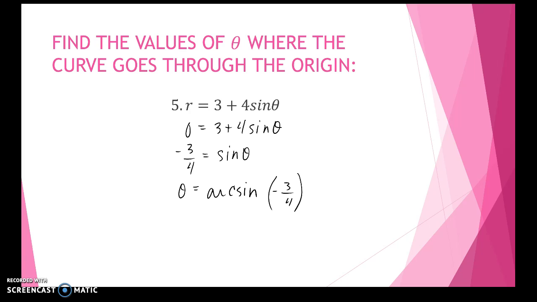Okay, and if we think about our domain for arc sine from negative pi over 2 to pi over 2, so theta will be a 4th quadrant angle, okay, because that's where the sine has its negative values.